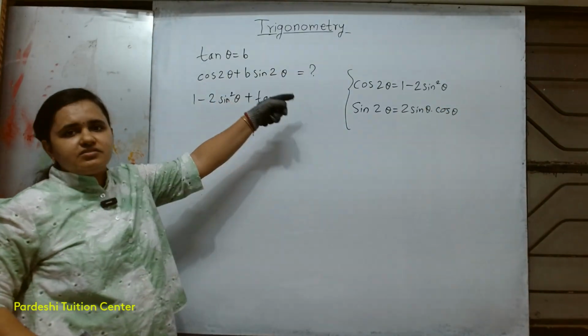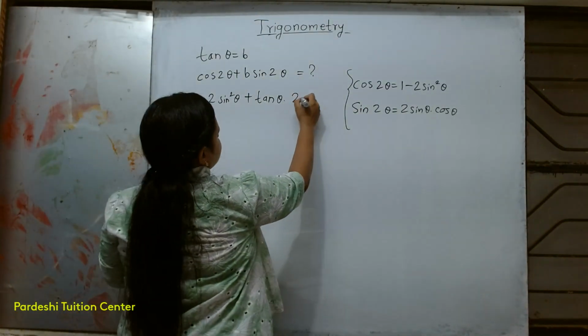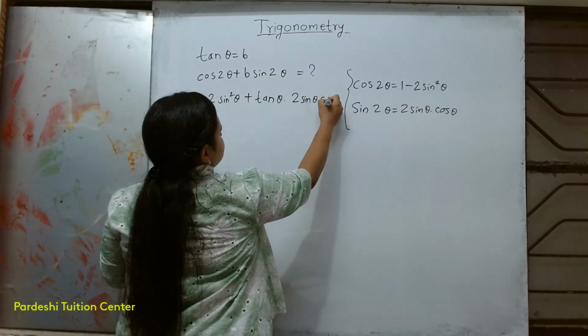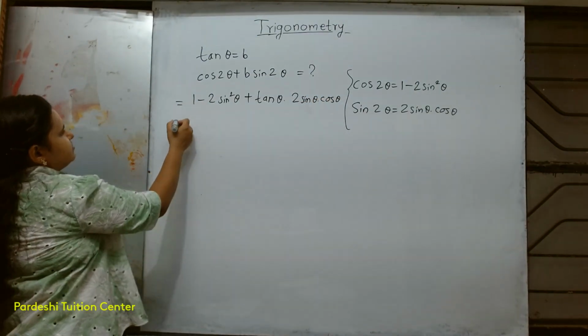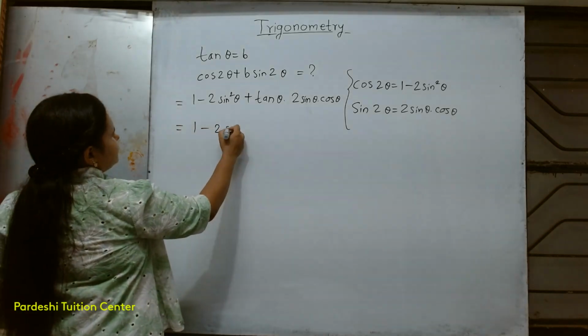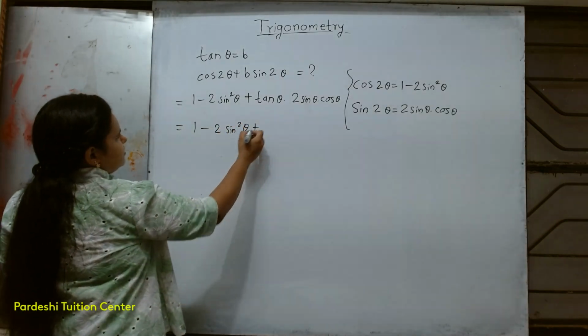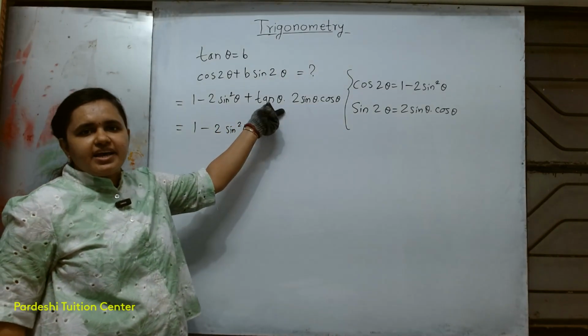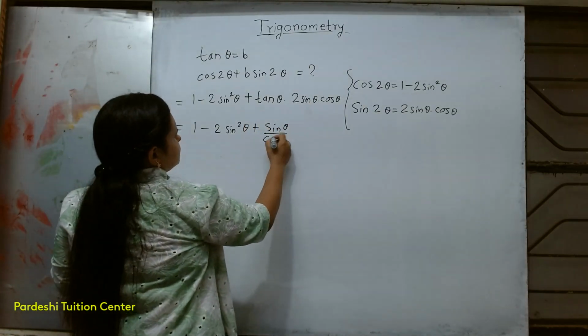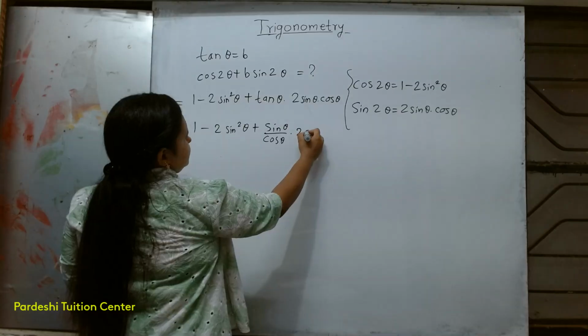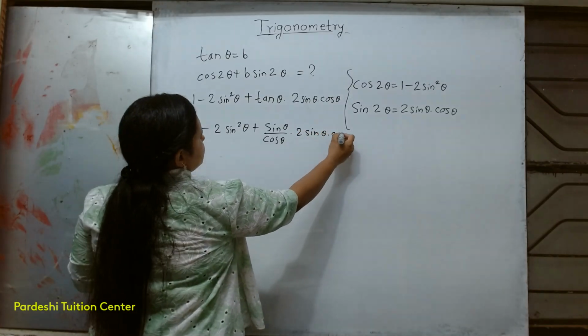Sin 2 theta is 2 sin theta cos theta. One minus 2 sin square theta. Again we can write tan theta as sin theta upon cos theta into 2 sin theta cos theta.